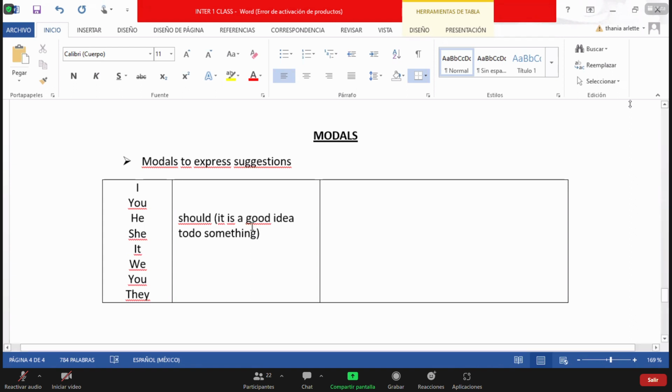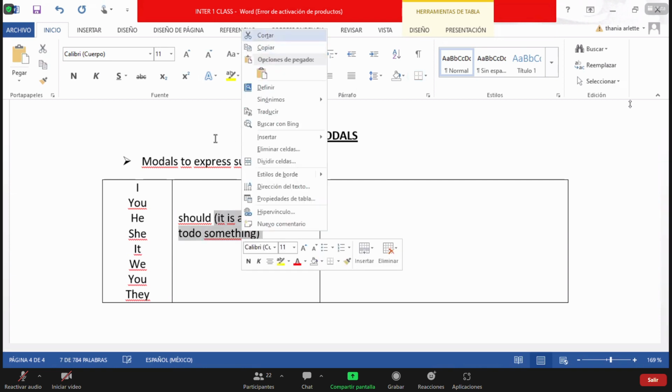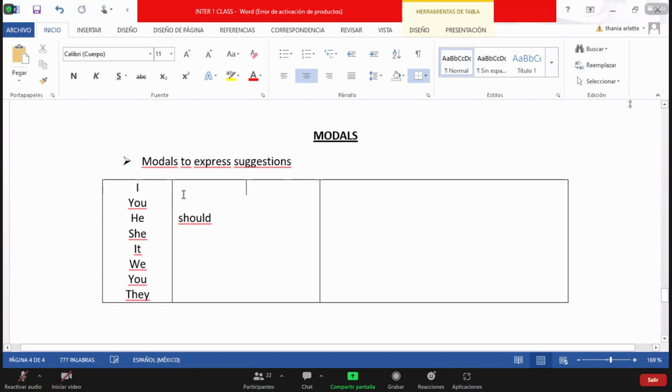Well, let me put it before should, because this definition works for the 3 modals we are going to work with today, okay? So if you want to express that it is a good idea to do something, you are going to use the modal auxiliary should. The same form, remember, for all the subjects, okay?